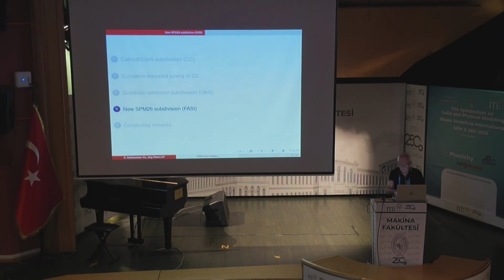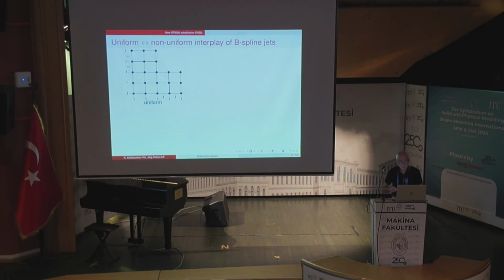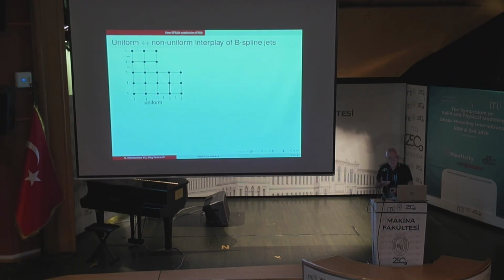So now finally we go to the new scheme. Since nothing new can be said on the quadratic part, it is not shown here, and only one sector is shown, what is going on with the DNet. Here we mark what we do. The input is the same as for quadratic-attraction subdivision, a uniform net. At some spots, we insert new nodes. Only at some spots.